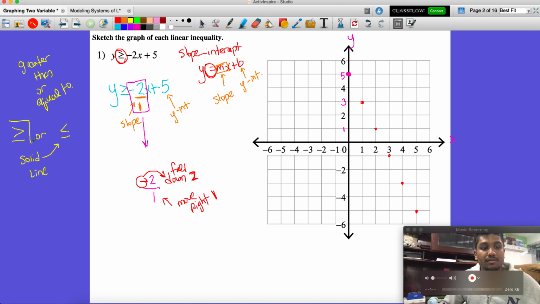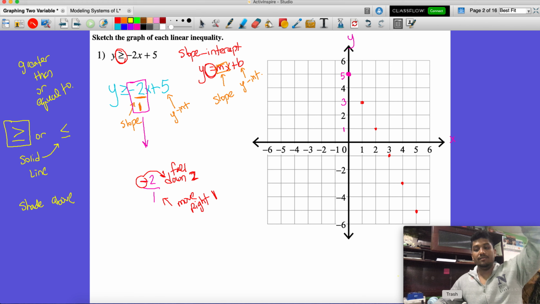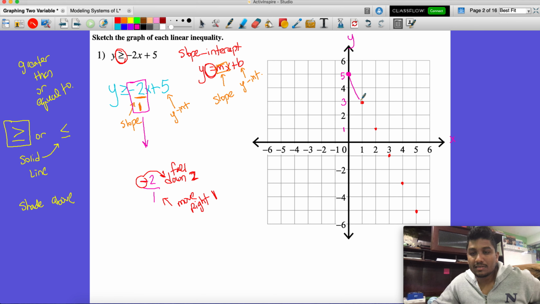That's this guy right here. So if it's greater than, we're going to shade above. Think about the word greater, greater being above, so we're going to be shading above. So this is going to be a solid line. I'm going to try to make a solid line here. It's not going to be all that great. Not the best solid line, but you get the idea. And we're going to be shading above.